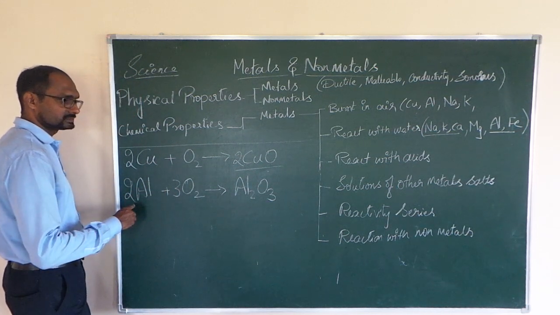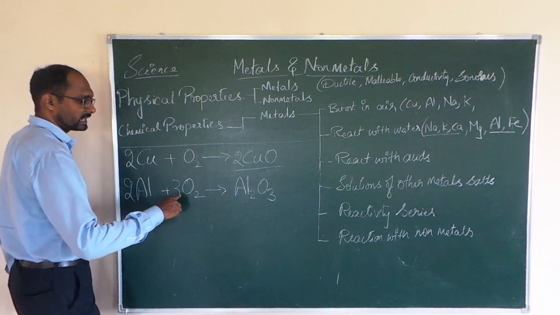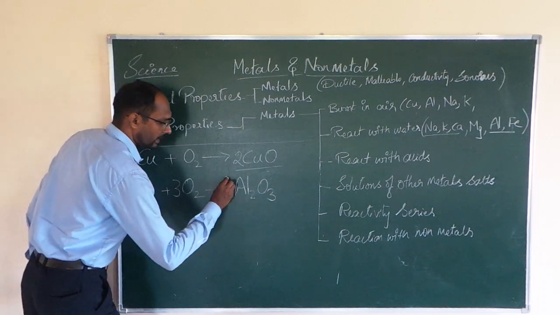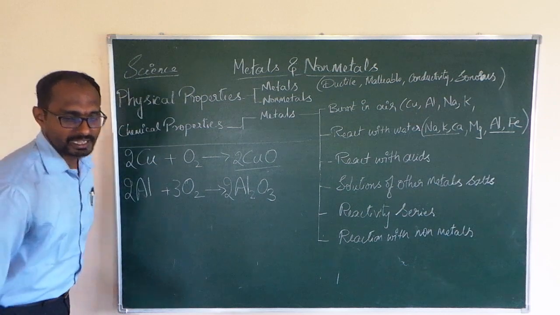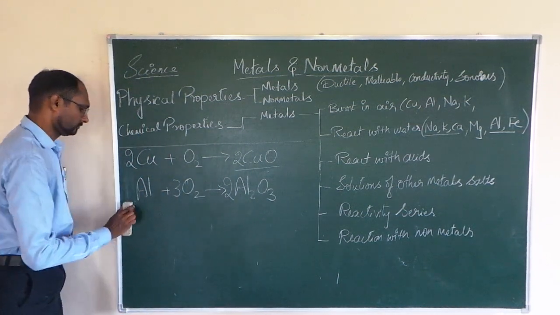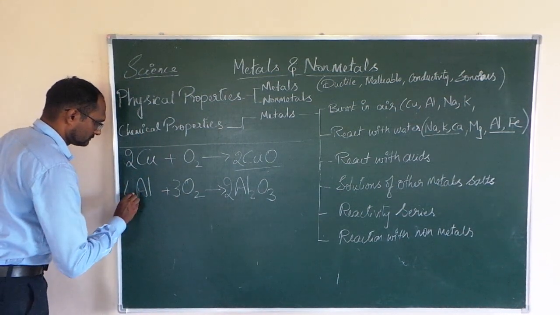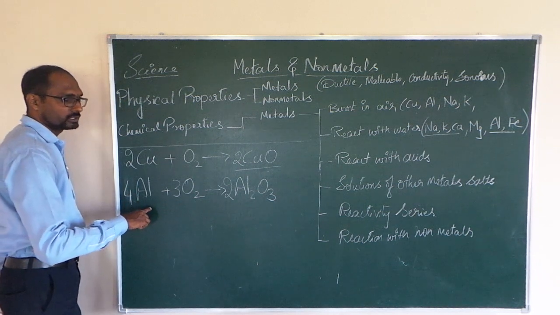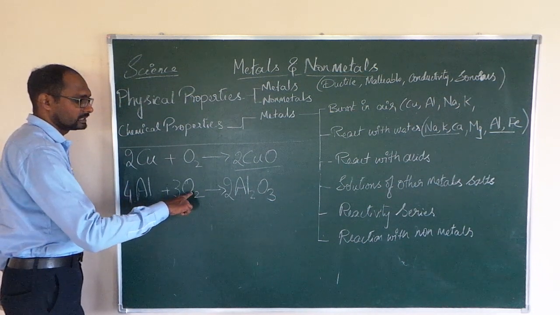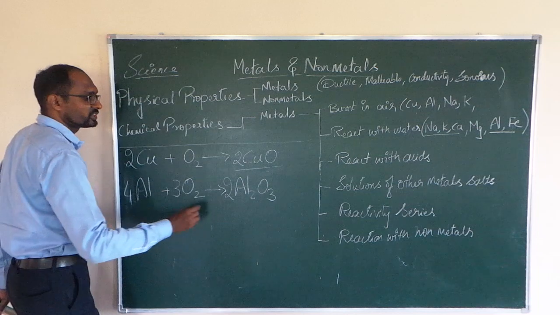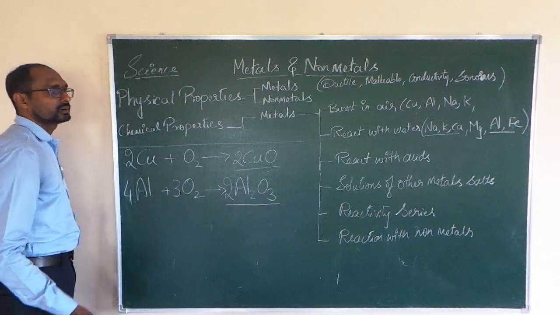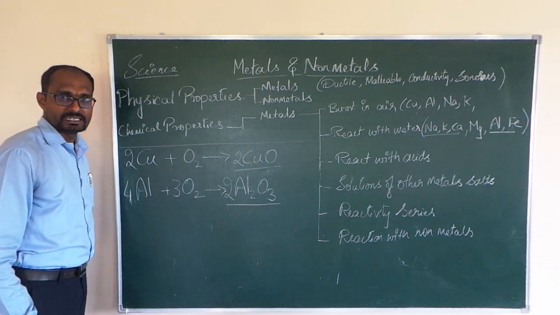Is that balanced? No, not yet, because we have 6 oxygens here. I write 2 here and I should have 4 aluminiums. So 4 atoms of aluminium will combine with 6 atoms of oxygen to give me 2 molecules of aluminium oxide.